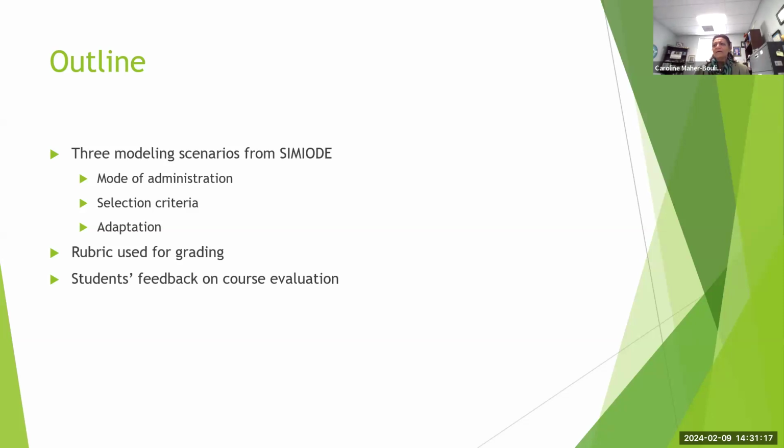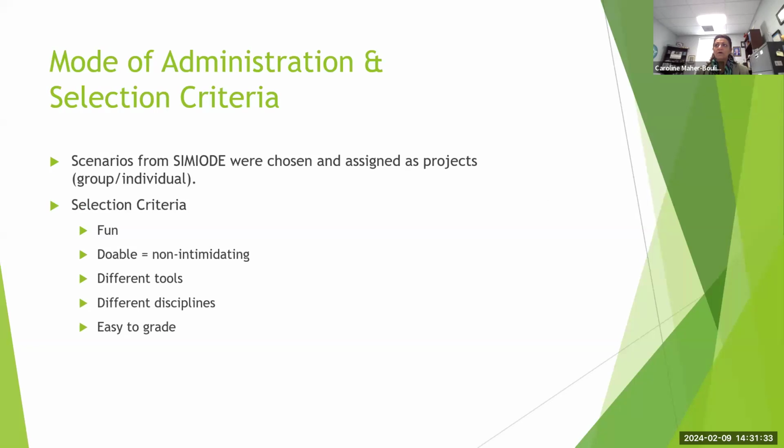I'm also going to share the rubric I use for grading, and finally give some feedback from students' course evaluations at the end of those 2 years when I administered those applications.